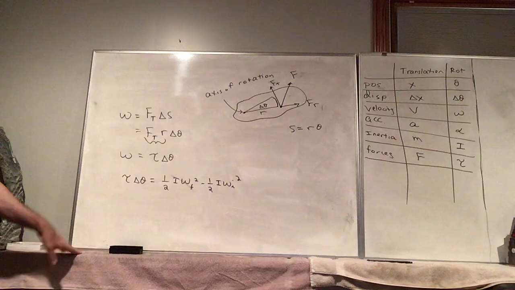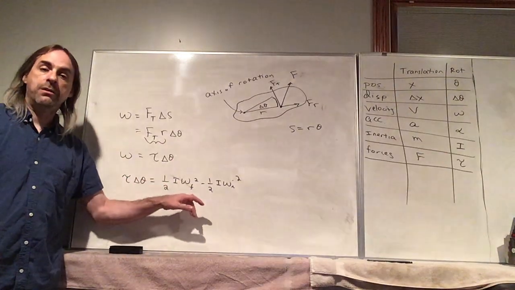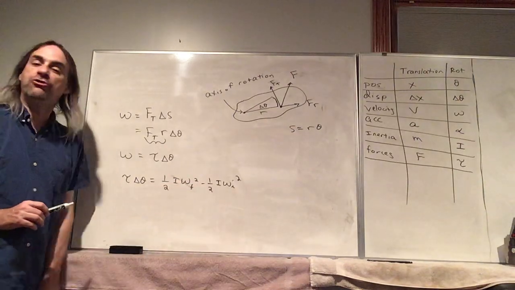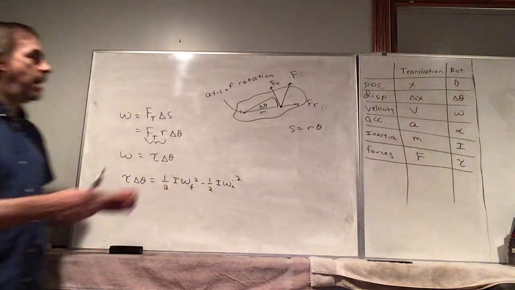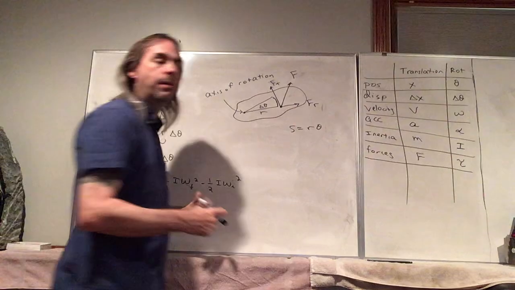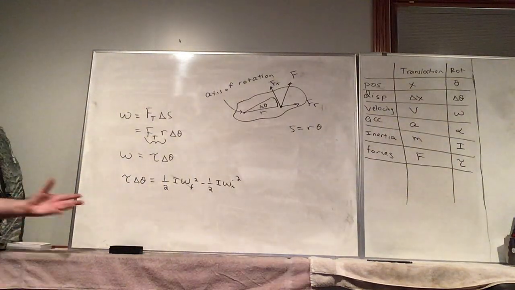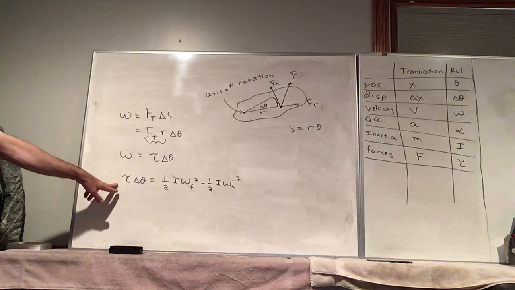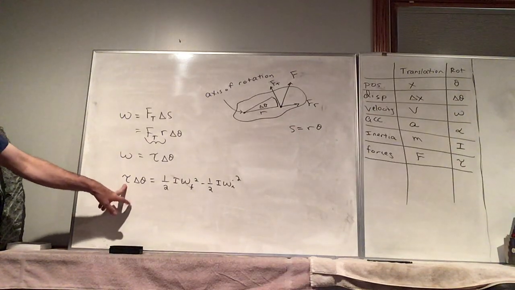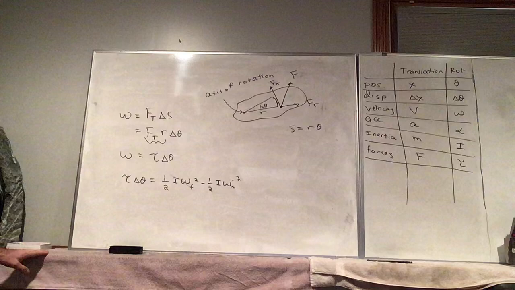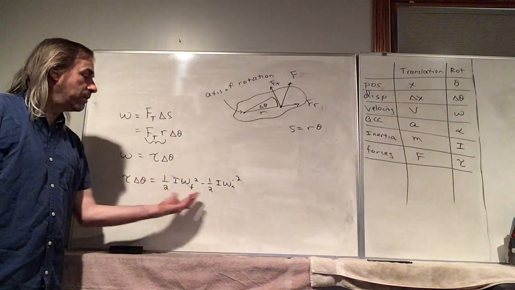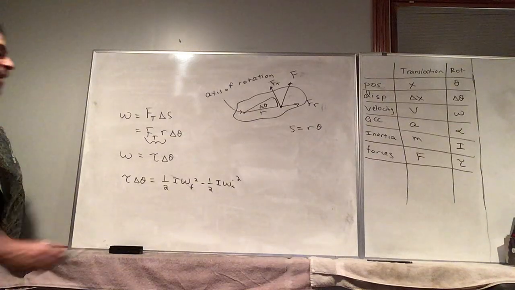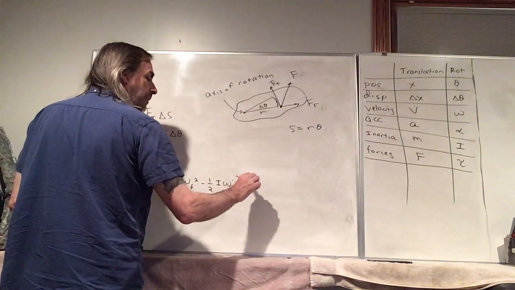So remember kinetic energy, 1/2 I omega squared. We're talking about a rigid object, so the moment of inertia is not changing. If the object was deformed, then the moment of inertia would change. We're just talking about a rigid object. So from the work energy theorem, the work is torque times delta theta. And this would be the final kinetic energy, that's the initial kinetic energy. And we can factor the 1/2 I out of this.